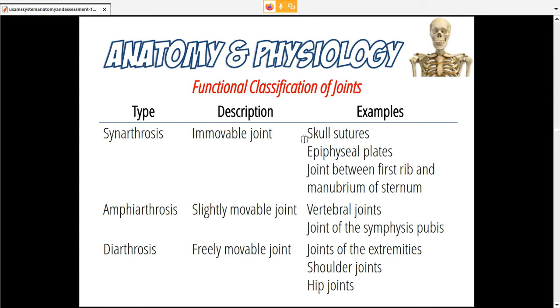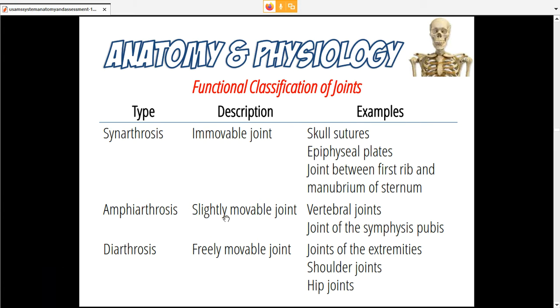Examples are skull bones, epiphyseal plates, and the joint between the first rib and the manubrium of the sternum. There is no movement. If you take the skull bones, they do not move, so they come under synarthrosis, or immovable joints.